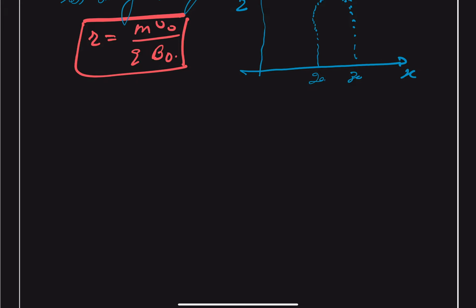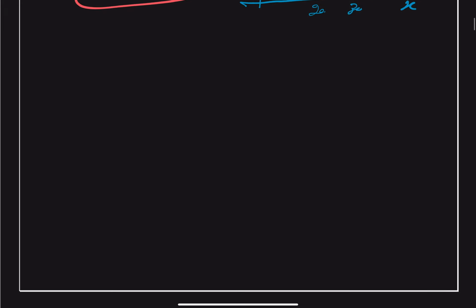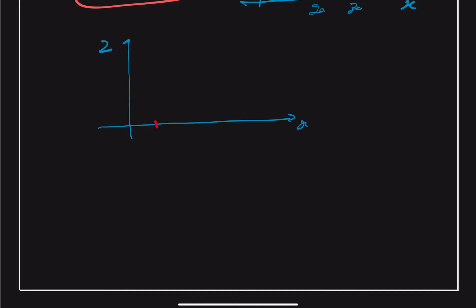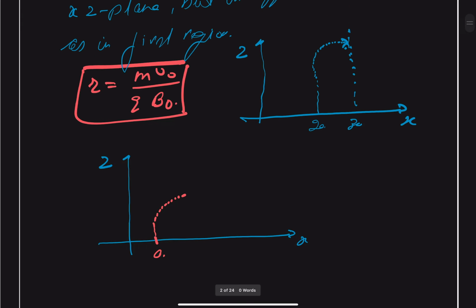So if you combine these two figures, we can draw an approximate figure for that. We have our x and we have a z. So it starts from a, and from a it takes a circular path like this.